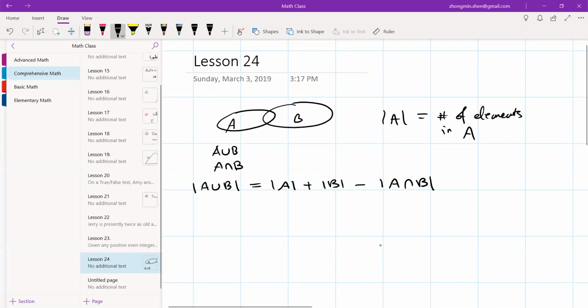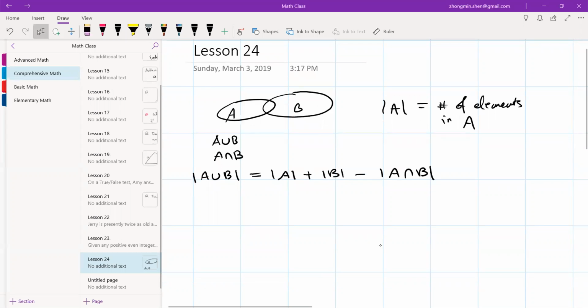The reason is if you just count the elements in set A and in set B and add them together, those in the intersection part are double counted, so you have to subtract them. Then you get the number of elements in the union of these two sets.